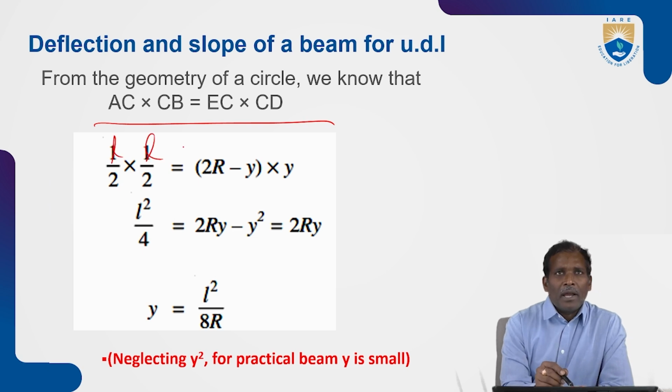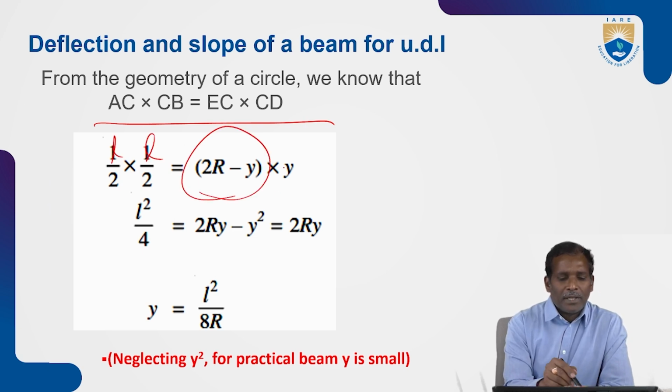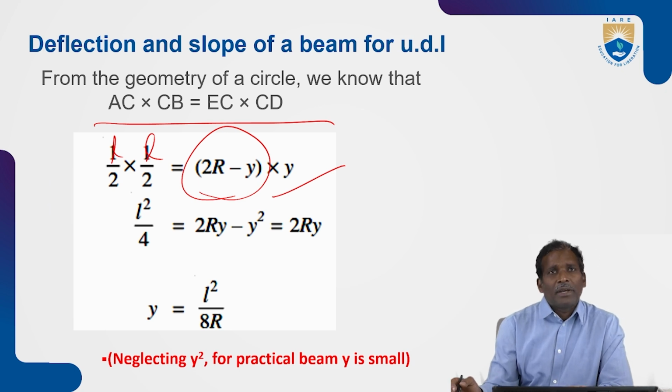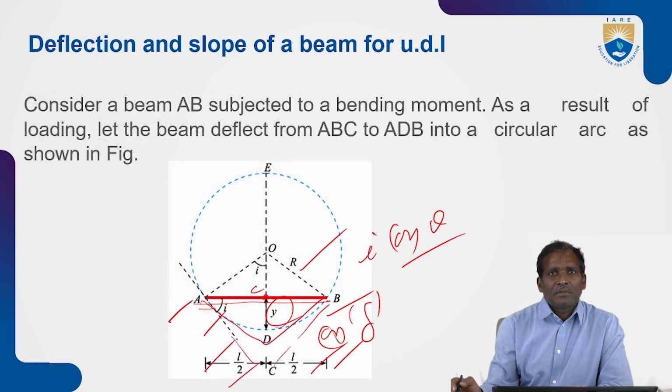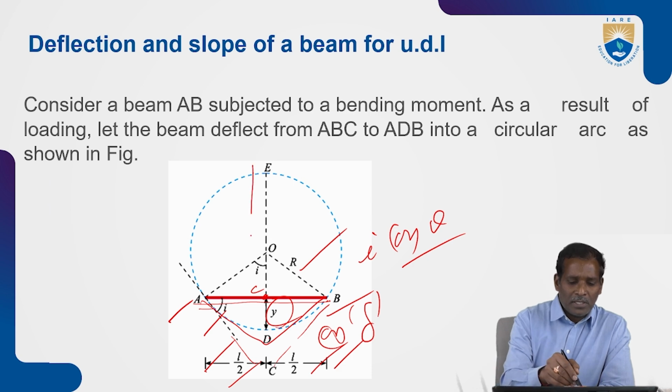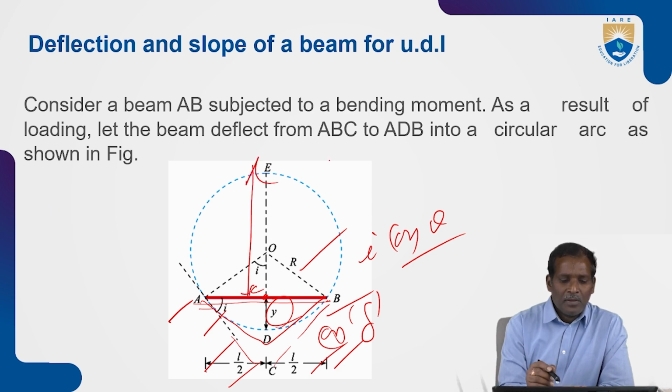EC is 2R minus Y and CD is Y. The total radius is 2R, the diameter, minus the Y value.